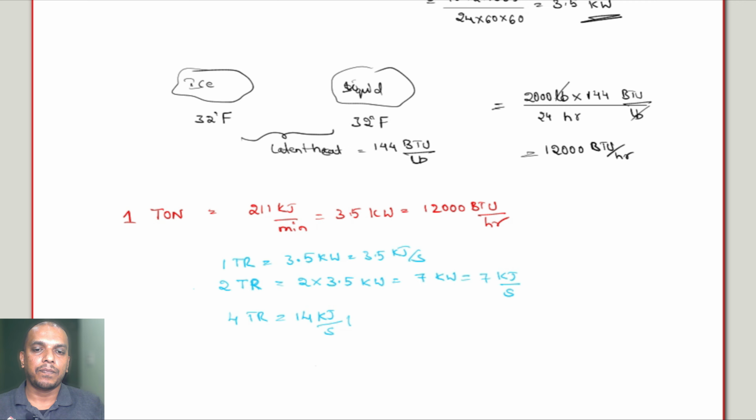Let us say we have 14 kilojoule per second. To convert kilowatt to ton of refrigeration, if we have 14 kilowatt, just divide this by 3.5, and we will get 4 ton of refrigeration.